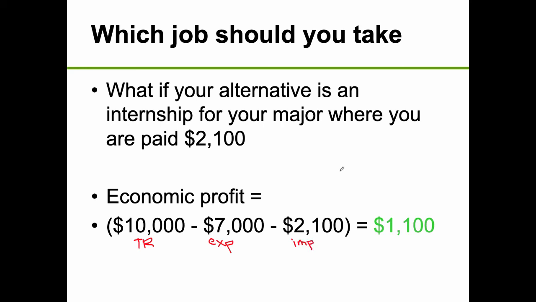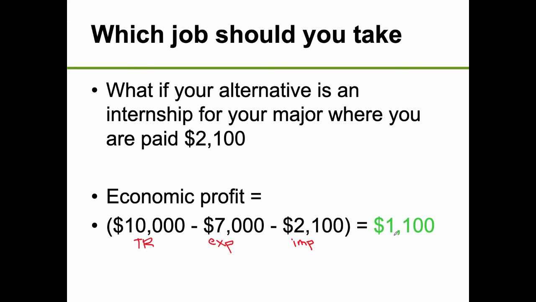And when you do the math there, it looks like actually the job that you're engaged in right now is the right thing to do, because from a profit perspective, your number is positive. You are clearly making enough money to cover your explicit costs and your implicit costs, whatever your alternative would be. But here's where sometimes the economic models fail.